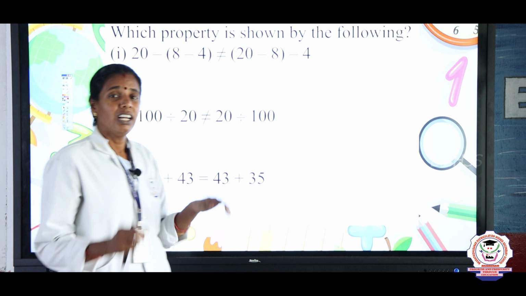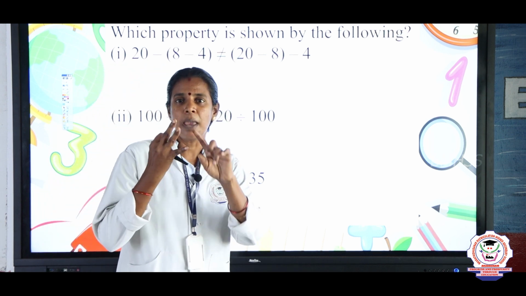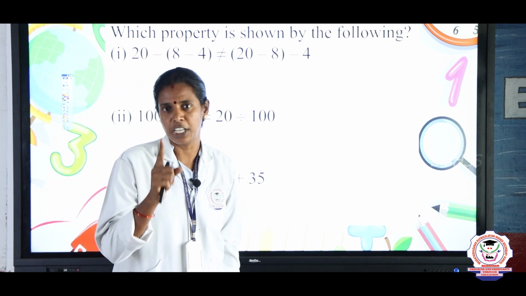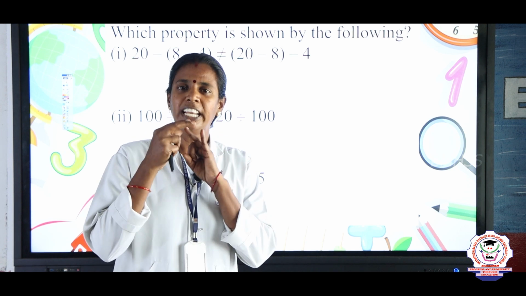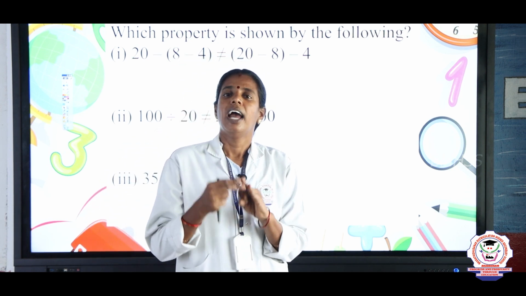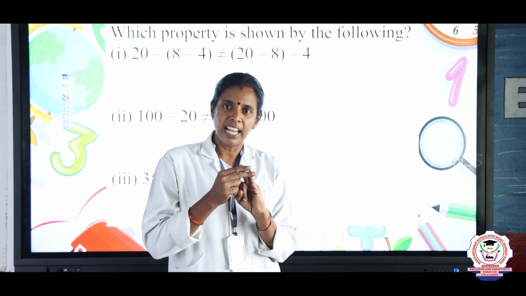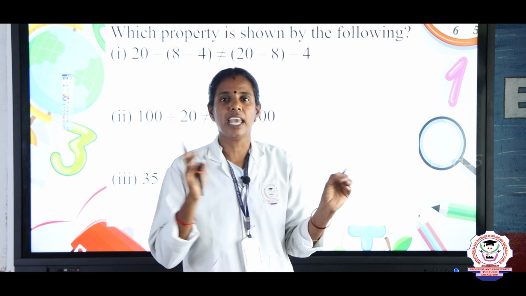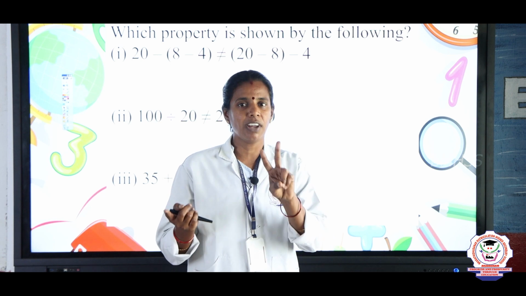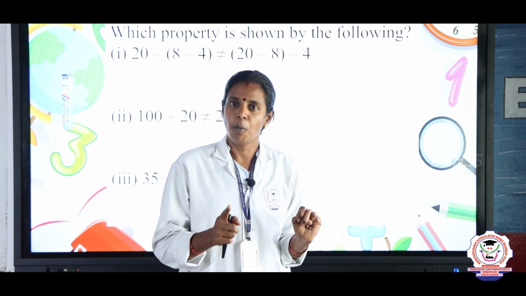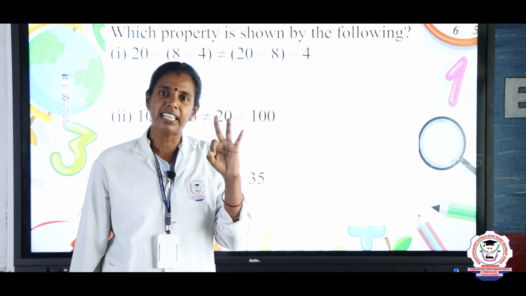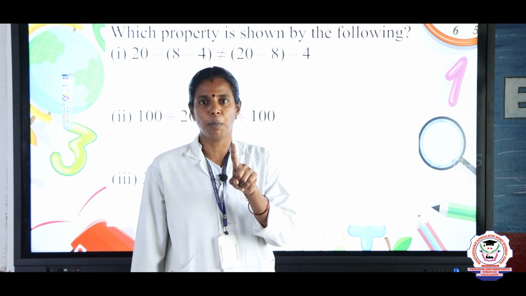And whenever three values are given, that is A, B, C, which is associative property, just remember it. Only two values given, A and B, belonging to whole numbers, is closure property. And two values, A plus B equal to B plus A, with left hand side and right hand side given, is commutative property. Whenever we take three values, it is associative property.